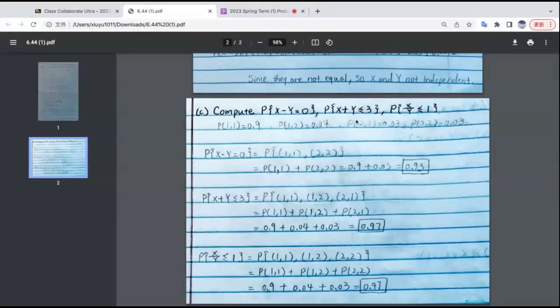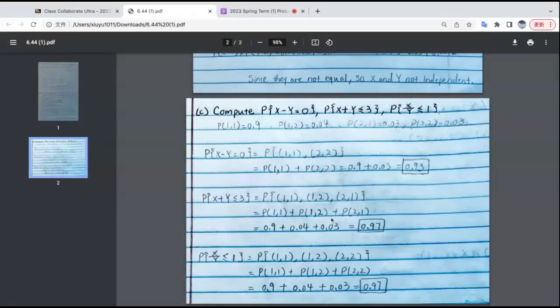And C, compute the probability of x minus y equal to 0, and probability of x plus y less than or equal to 3, and probability of x over y less than or equal to 1. So in here, the probability of x minus y equal to 0, which is (1, 1) and (2, 2). So just add their probabilities, which is equal to 0.93, and the probability of x plus y less than or equal to 3, which is (1, 1), (1, 2), and (2, 1).